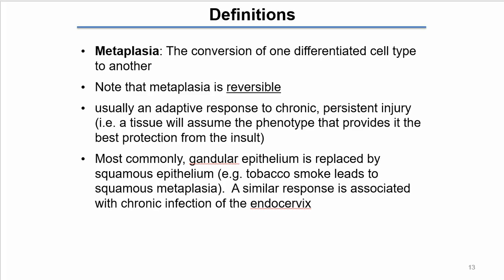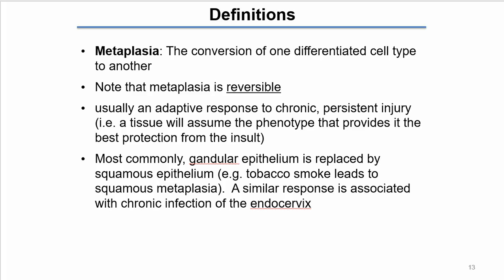Now, metaplasia, by definition, is a reversible change. So this is an adaptive response that cells have to chronic persistent injuries. So what happens is the cells become the type of cell that gives the best protection against that injury, that insult.